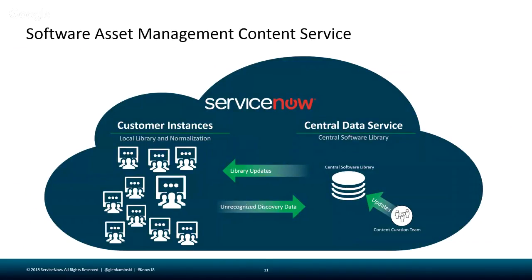So a moment on the software asset management content service. This content service maintains a central software library that I've been mentioning earlier. Now, our content curation team manages and updates the central software library based on submissions that are made by our customers. This is a crowdsourced service that allows our customers to take unnormalized software.